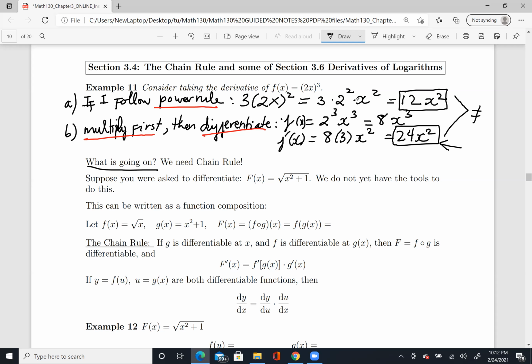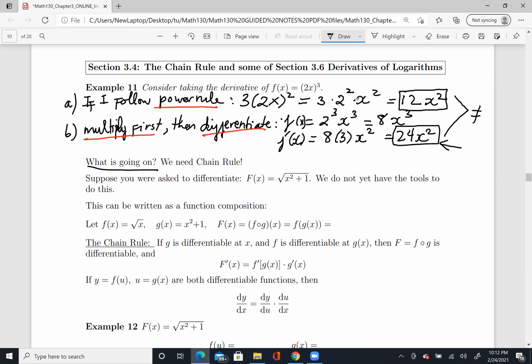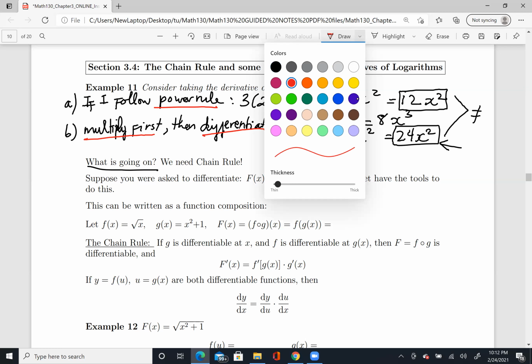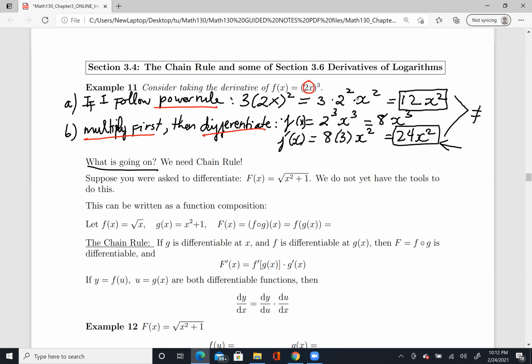Because when you multiply first and then differentiate, it should be okay. But for the first case, if you just follow the power rule, it could be wrong, because the power rule usually applies for the case where the inner function is just an x, right?